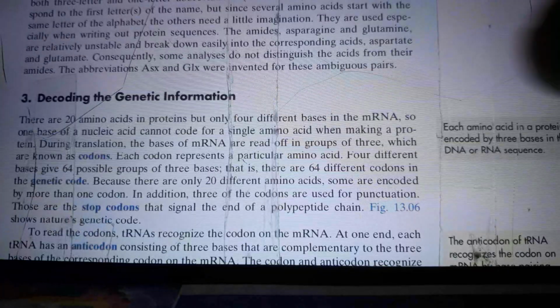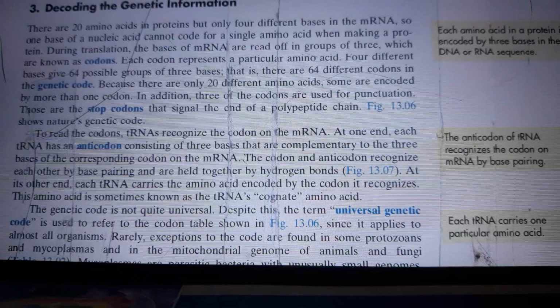And before that, the side note says each amino acid in a protein is encoded by 3 bases in the DNA or RNA sequence. Now this lecture, once over, would be continued for the concerned subject, as we have a couple of chapters that describe the entire aspect of protein synthesis. So there will be following lectures from now on for a few lectures, right? So keep in touch, make notes, make screenshots, so you're up to date, right?